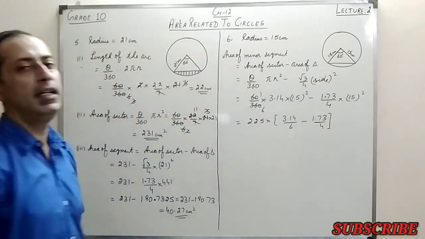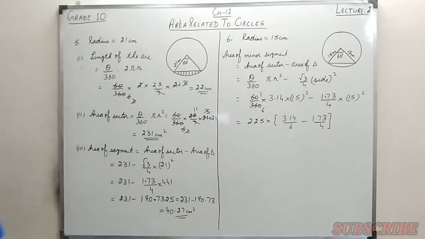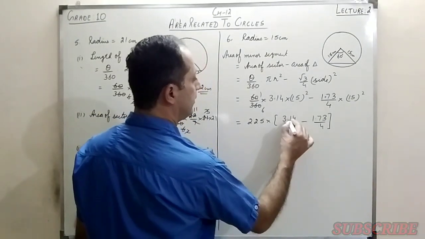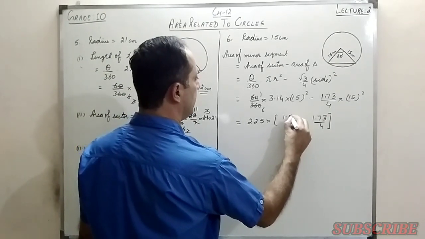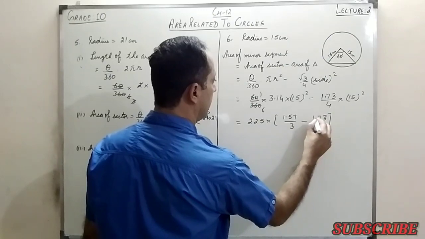So we can just simplify after taking the LCM, and then we can find the answer. Also, if we cancel 3.14 and 6, we get 1.57 upon 3.